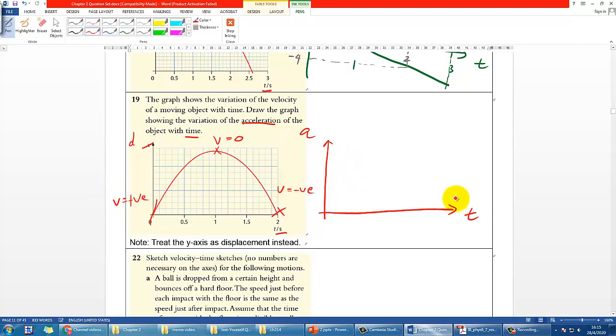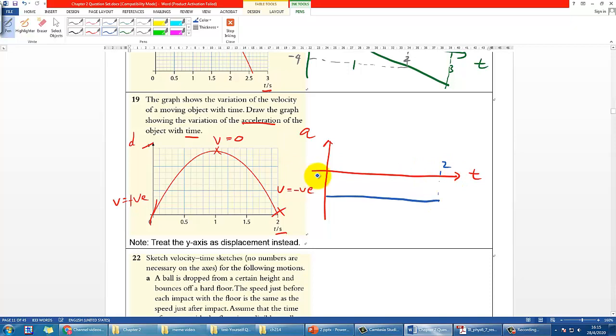So acceleration is like gravity, so it should be a negative value, simply a constant number, so like g maybe, and that is pretty much it.